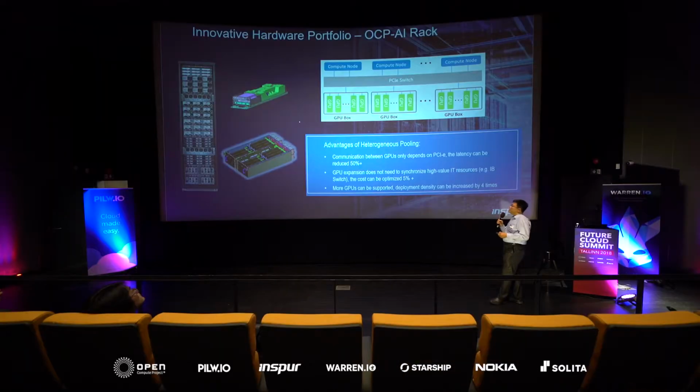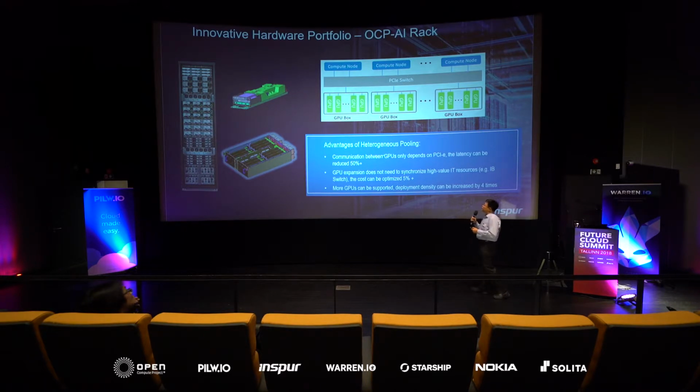Based on that, we provide a whole AI OCP rack solution. We use an OCP form factor compute node and our OCP form factor GPU node to build the AI rack solution. We can also use a PCIe switch to build GPU pooling.